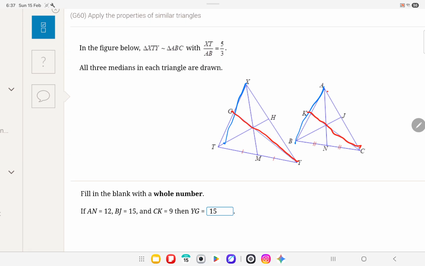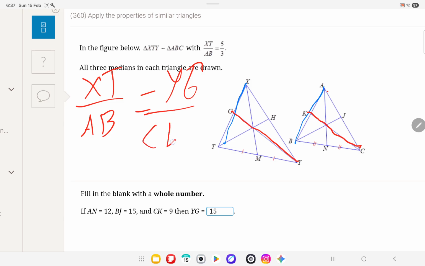So we have XT over AB equals YG over CK. So now we just substitute what we're given. XT over AB is 5 over 3.